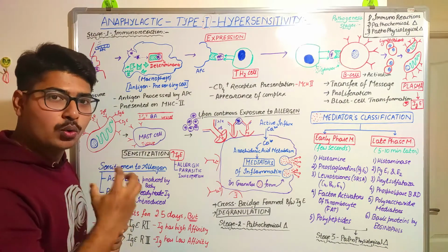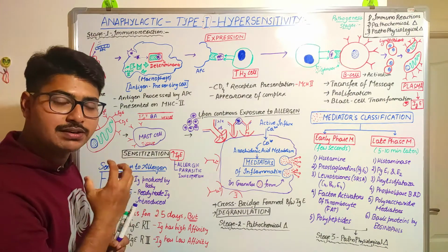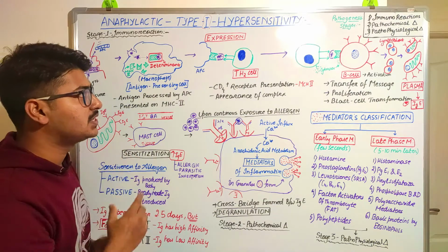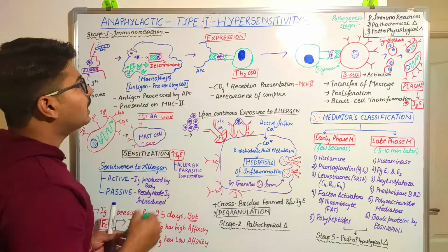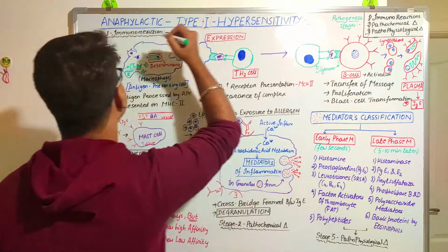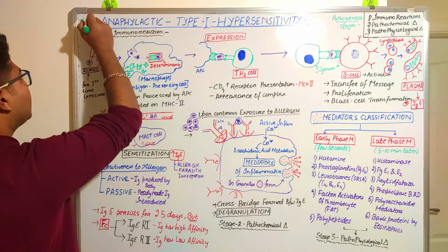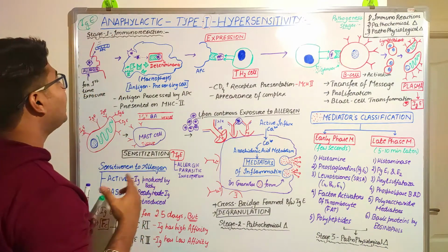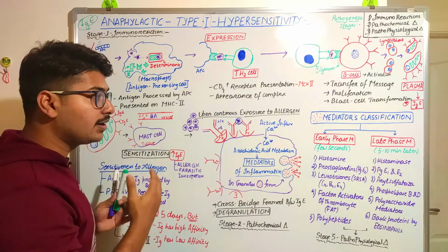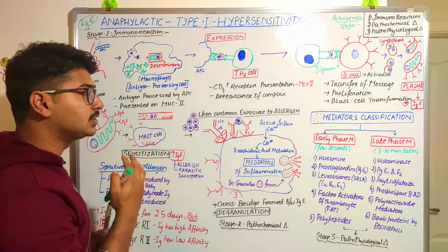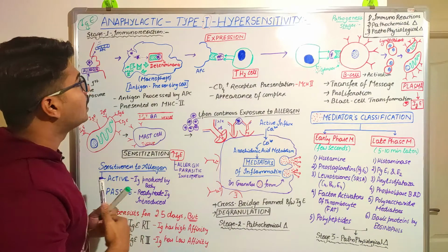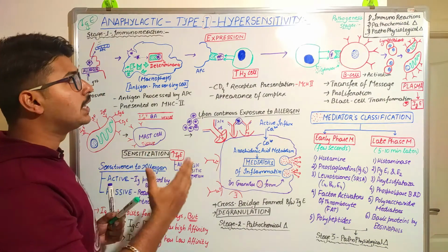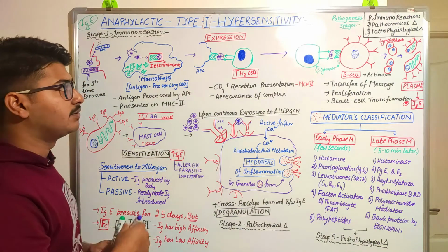It is the quickest form of hypersensitivity reaction, so it is categorized under immediate type of hypersensitivity reaction. Its other name is reagin, because IgE in Latin term is known as reagin. That is the reason why anaphylactic hypersensitivity is otherwise known as reagin type of hypersensitivity.